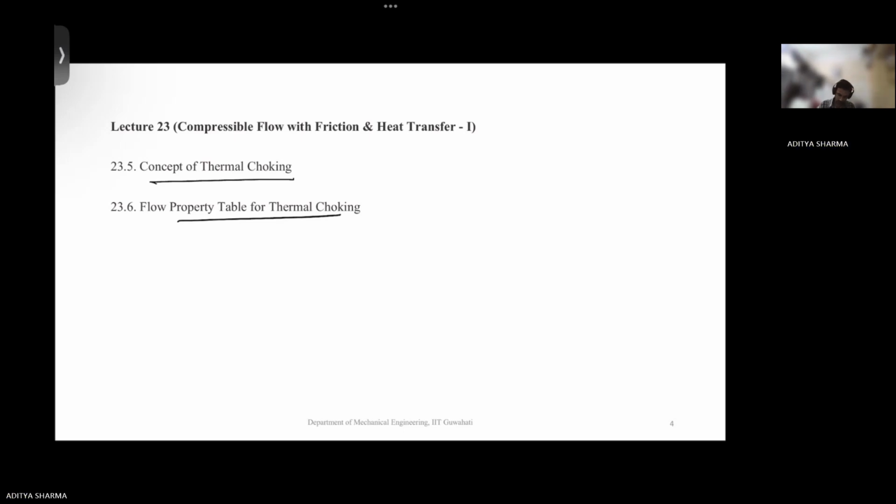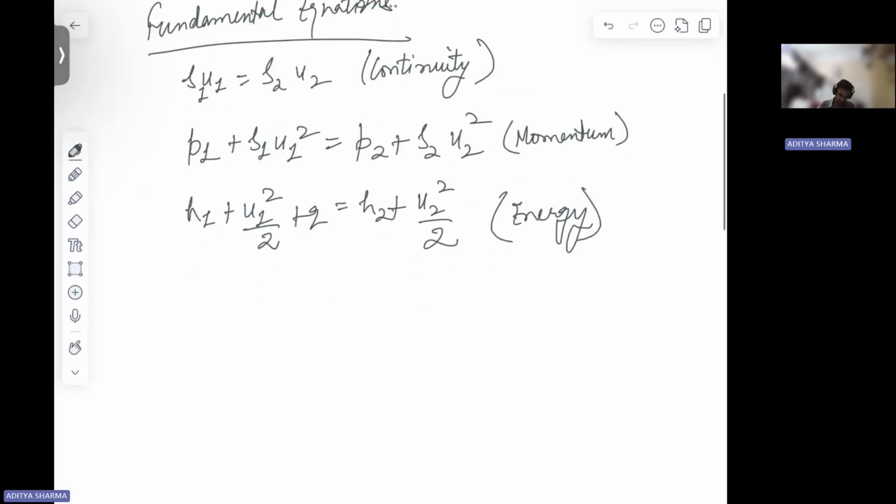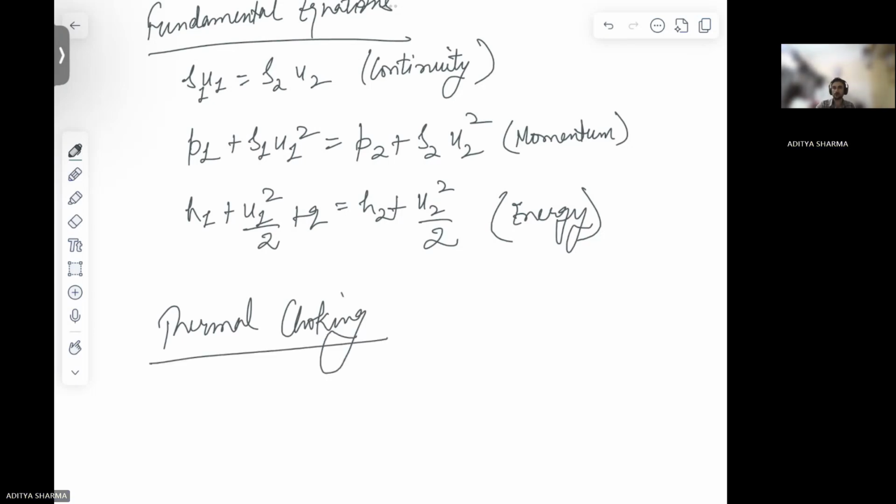Then there is thermal choking. We know what choking is, right? In your CD nozzle, you have seen that at the throat you were getting sonic flow when the appropriate pressure ratio of your inlet and exit was maintained.